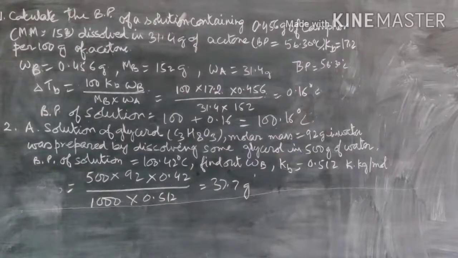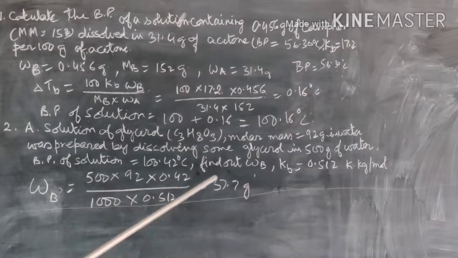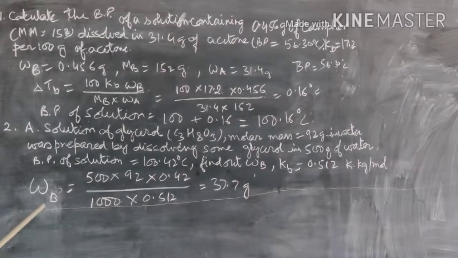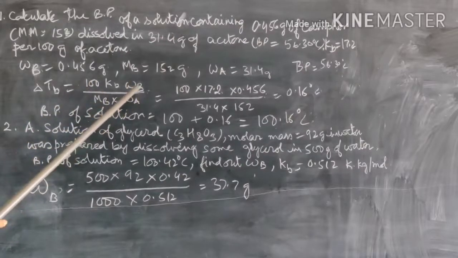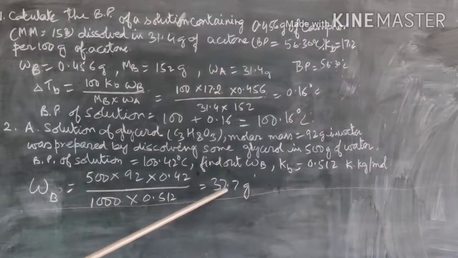We are calculating Wb, the mass of the solute dissolved. So when you transpose the formula, you get Wb equal to 500 into 92 into 0.42 upon 1000 into 0.512, which is equal to 37.7 gram.